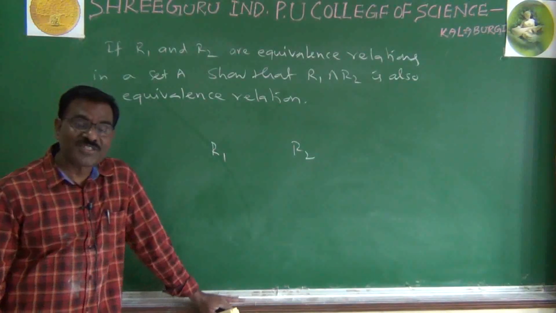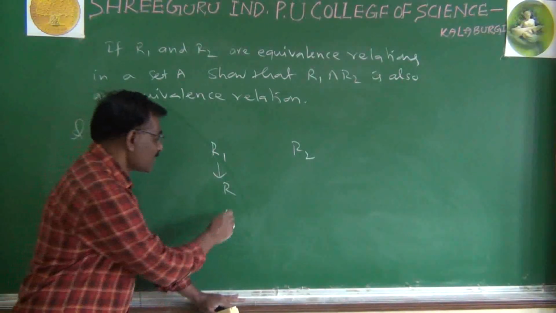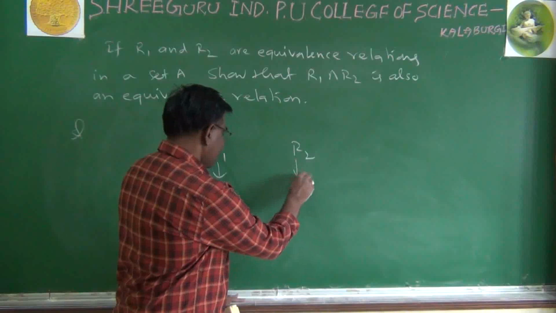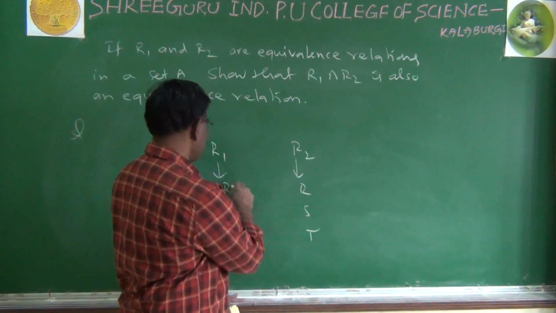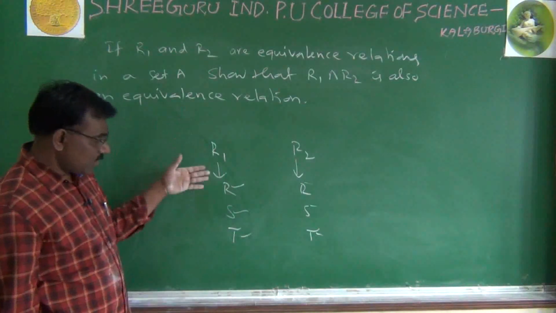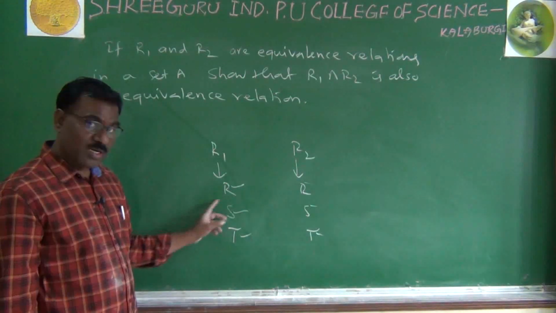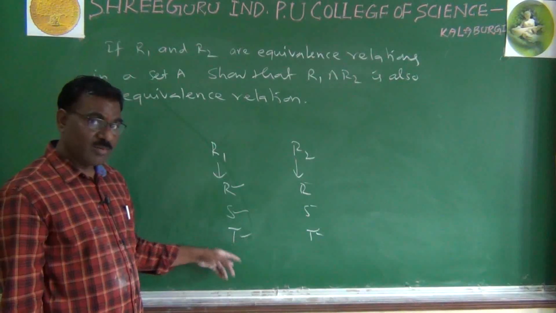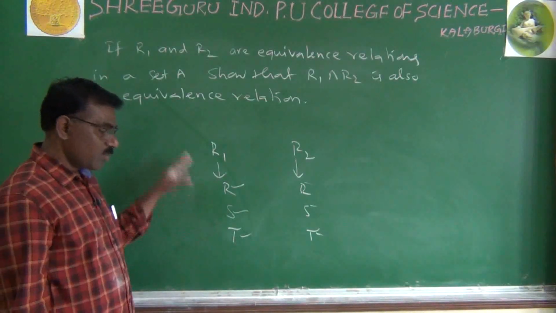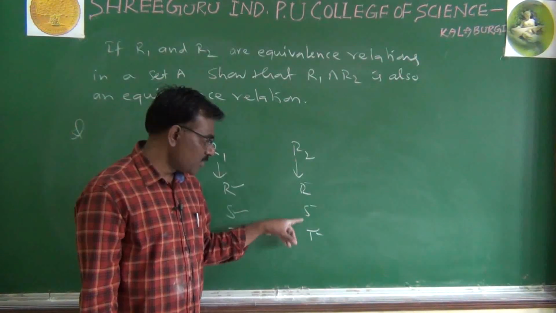When these two are equivalence relations, reflexive, symmetric and transitive are all satisfied. For R1, these three conditions are satisfied: (a, b) implies (b, a), and (a, b), (b, c) implies (a, c). So R1 being equivalence means it is always reflexive, symmetric and transitive. R2 is also equivalence, so here also reflexive, symmetric, transitive.